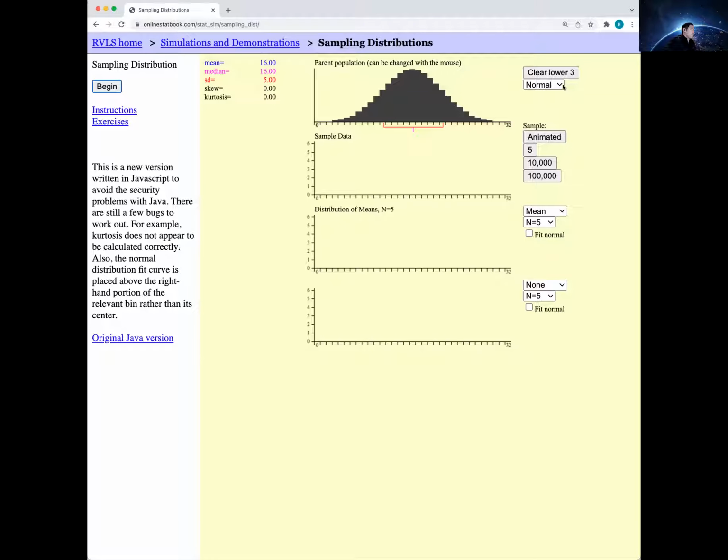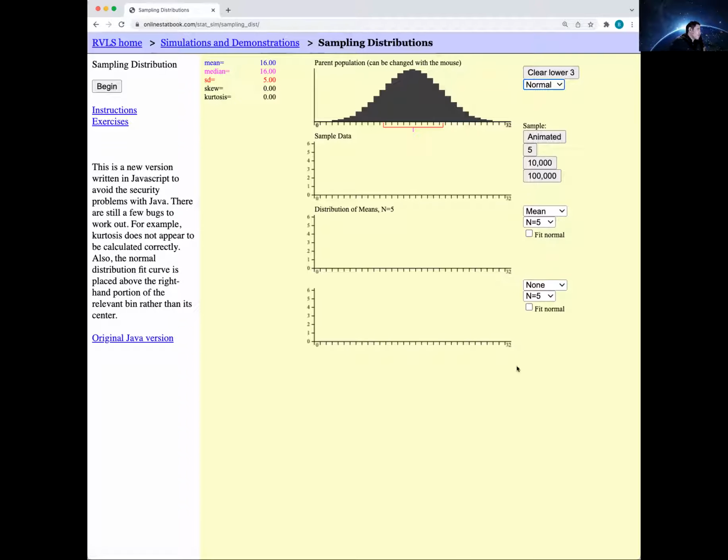It's normal. It has a mean of 16, median 16, standard deviation of 5. There's also skew and kurtosis, which we won't really go into in AP Stats, but that just talks about how different it is from normal, how skewed to the right or left. But again, don't worry about that.